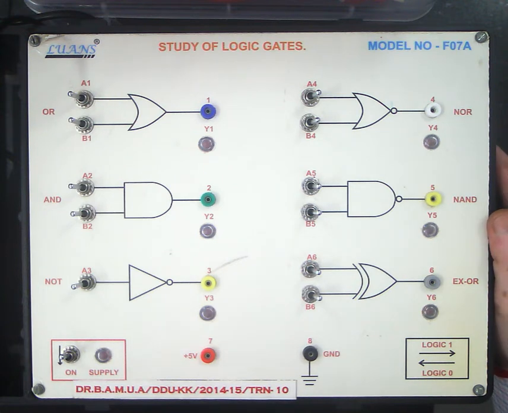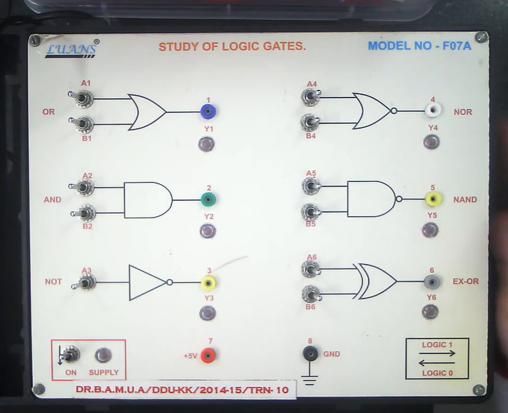So the basic objective of this demonstration experiment is to see what is the output of the gates, rather what is the behavior of the gates when we apply the variables in this manner in the input.